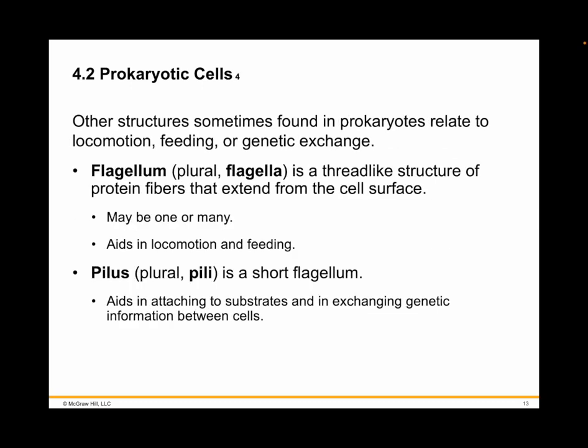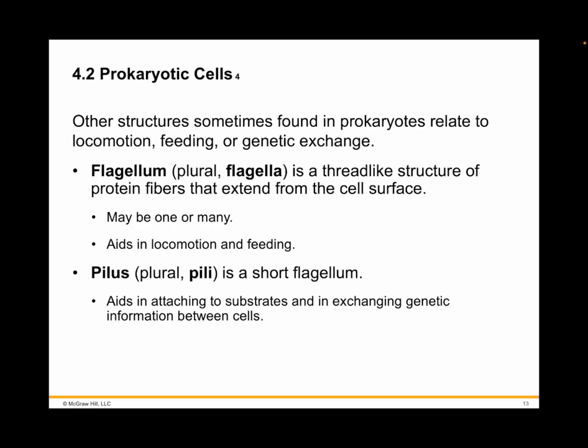Some prokaryotes use flagella or a flagellum to move. Flagella are long thread-like structures made of protein fibers that project from the surface of the cell. They are used in locomotion and in feeding, so bacteria can swim at speeds of up to 20 cell diameters per second, rotating their flagella like screws.